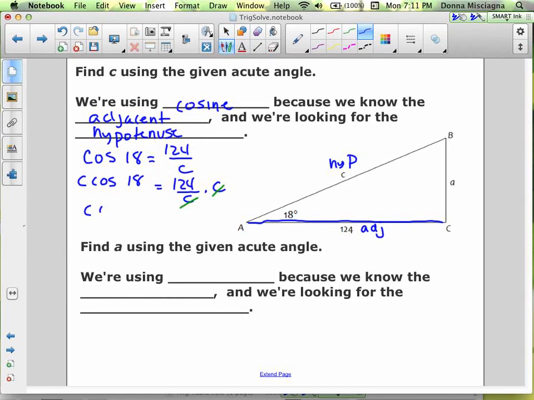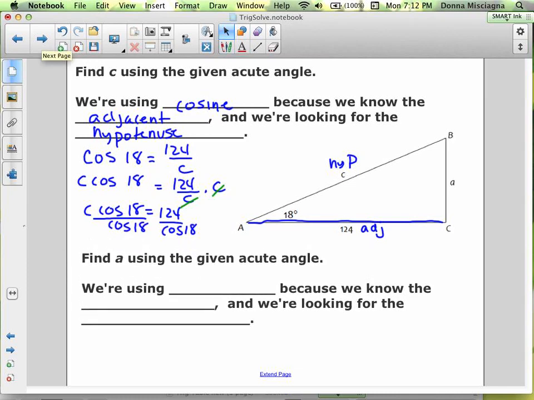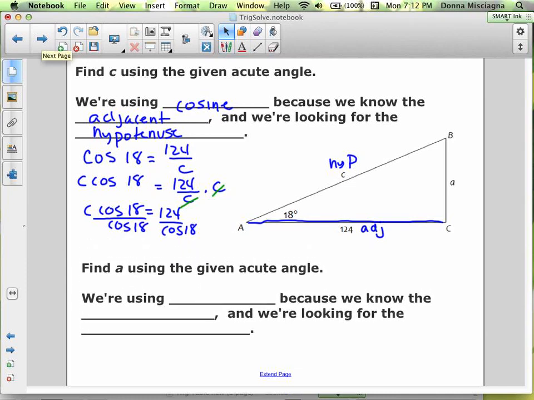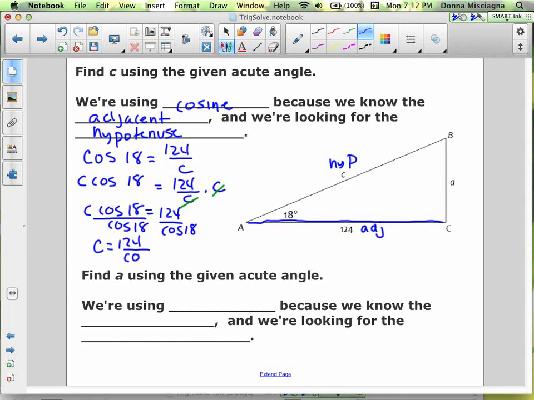So we have C cosine 18 equals 124. Divide both sides by cosine 18. So C is equal to 124 divided by cosine 18.